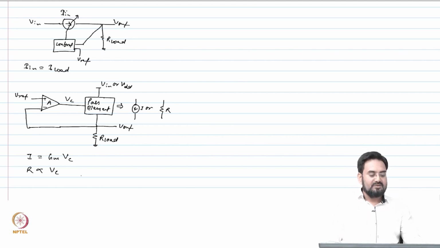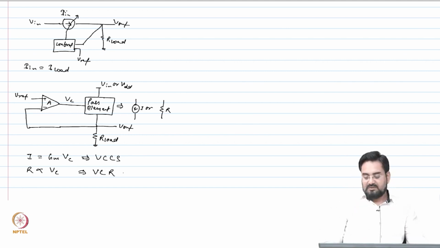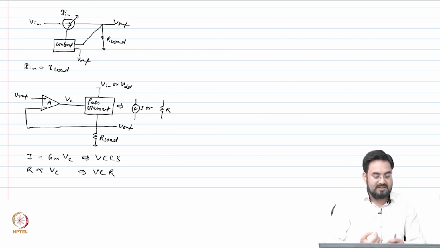Okay. So now you can control your R with Vc or control your current with Vc, and this is your voltage controlled current source, and this is your voltage controlled resistor. You can use either of the two, resistor or current, but most of the time we use current.